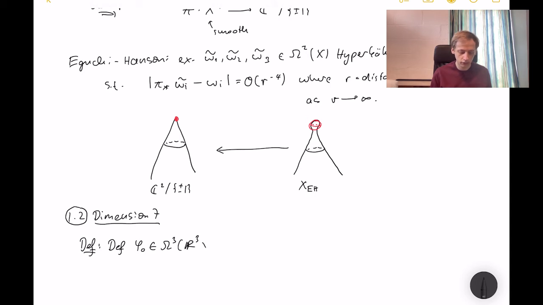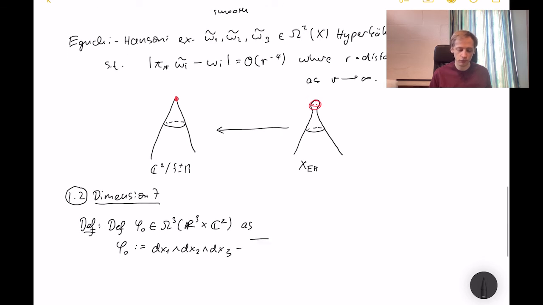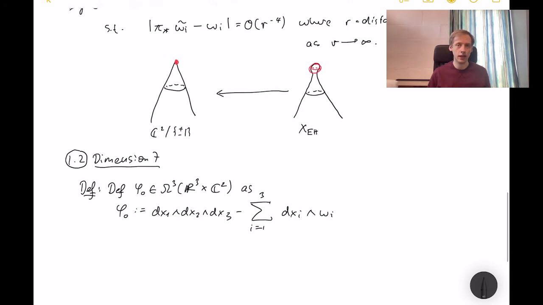We say it's dx1 wedge dx2 wedge dx3, minus the sum from i equals 1 to 3 of dxi wedge omega i, where dx1, 2, 3 are coordinate 1 forms on R3, and omega 1 to 3 is this hyperkähler triple on C2 from before.